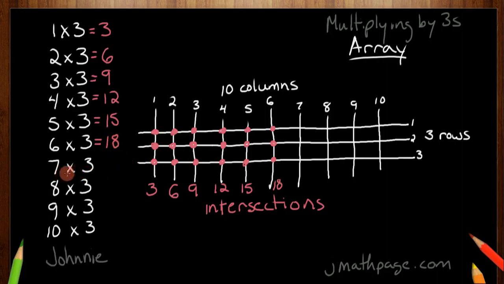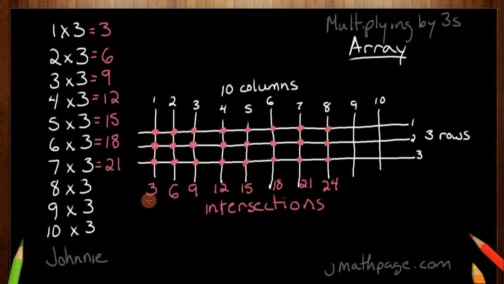7 times 3, 7 columns, 3 rows. Counting on, 18, 19, 20, and 21. I can say 7 times 3, or 7 columns and 3 rows, gives us 21 intersections. 8 times 3, 8 columns and 3 rows. Let's see, here's 8 columns. We'll count our 3 rows now. Counting on, 21, 22, 23, 24.